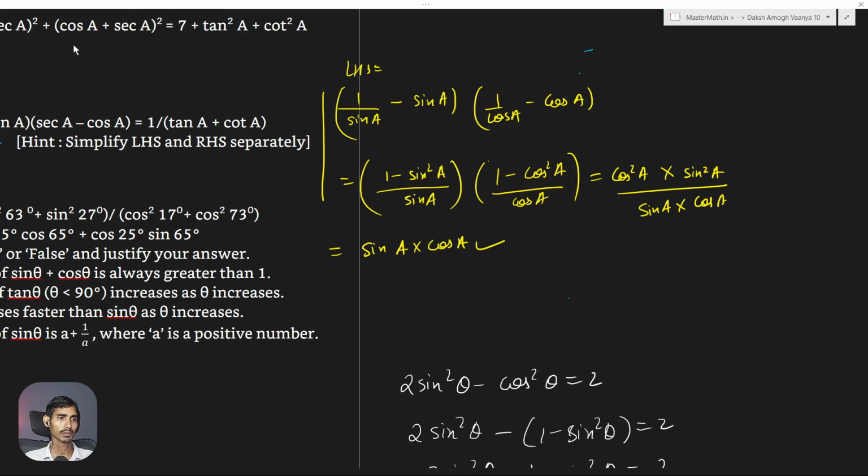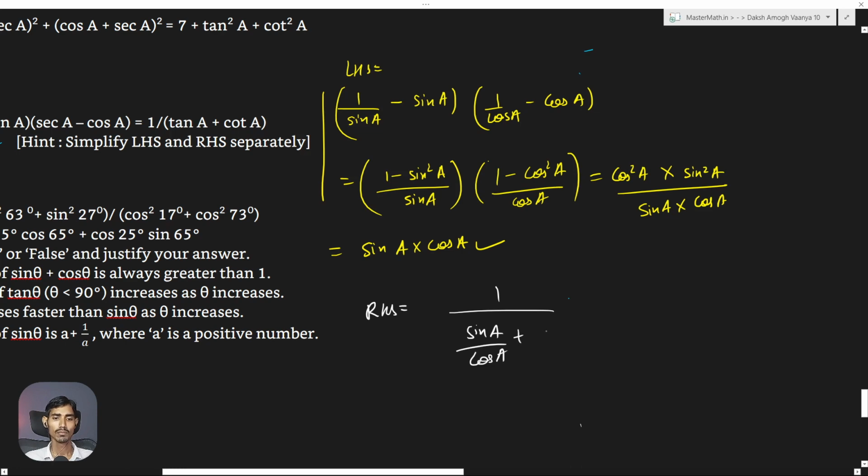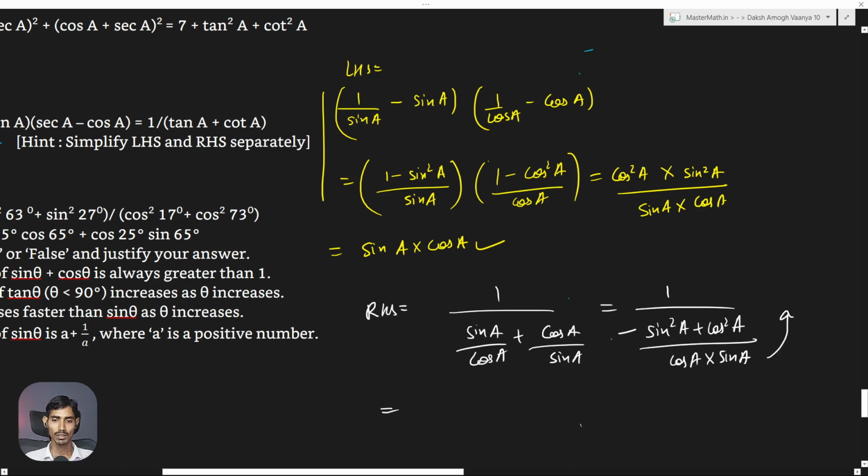Vanya. So on the RHS, we have 1 upon tan A plus cot A. So we can convert this into sine and cos. So it would be 1 upon sine A upon cos A plus cos A upon sine A. When we take the LCM, we get 1 upon sine square A plus cos square A upon sine A into cos A. When we take it to the numerator, it becomes sine A into cos A. As sine square A plus cos square A is an identity, it becomes 1.